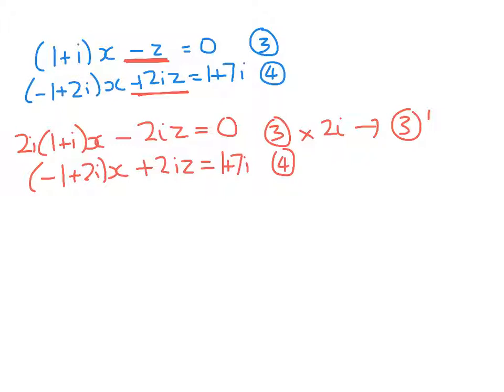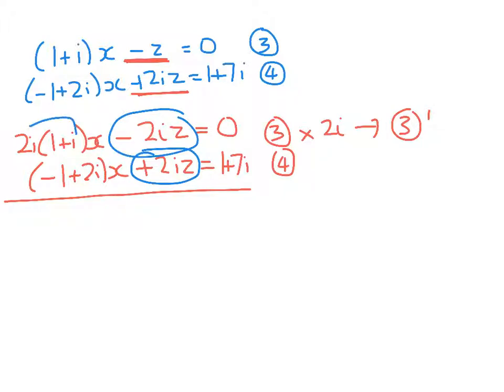That's equation 4. This time I want to add those two together because doing that is going to mean I eliminate z. So I'm going to expand out in one step. We're going to have 2i squared, so negative 2 plus 2i minus 1 plus 2i x is equal to 1 plus 7i.